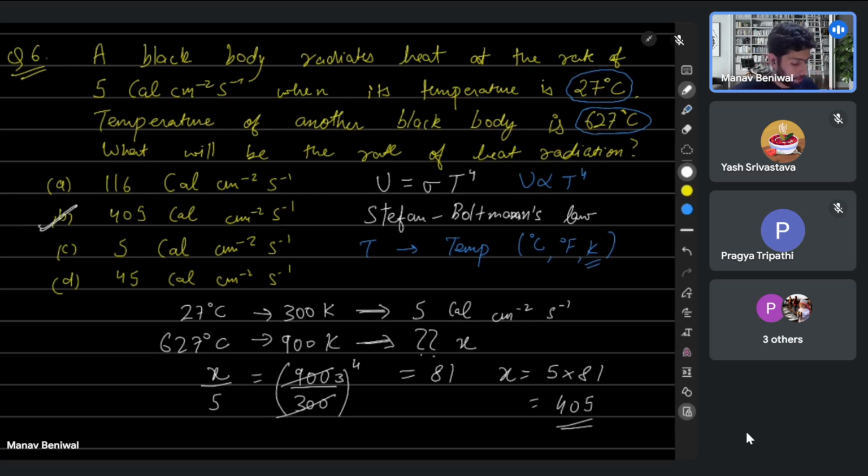Stefan Boltzmann law tells you that if you increase the temperature 3 times, as here from 300 to 900, the rate of heat radiation increases by 81 times, which is 3 to the power 4, because it is proportional to the fourth power. Any doubts in this one? No? Okay.